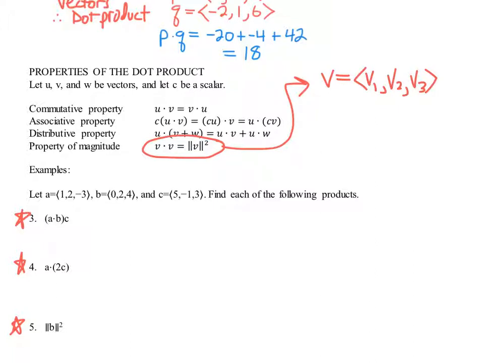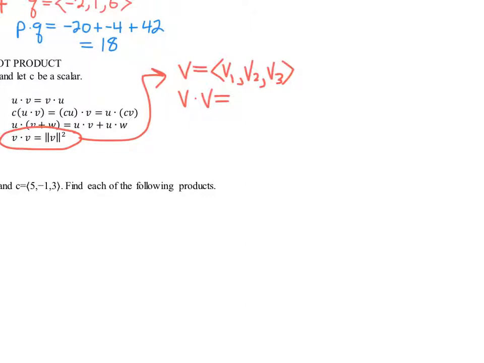You could do that too, either way. So in this case, if I want to find the dot product of V with itself, I would be taking V1 and squaring it, adding to that V2 squared, and then adding to that V3 squared.